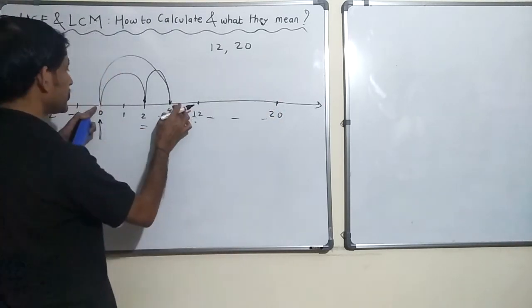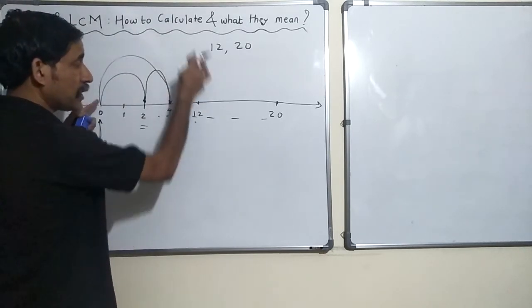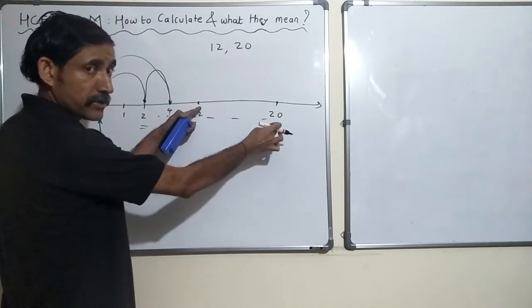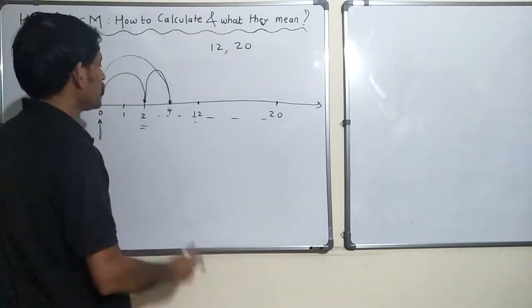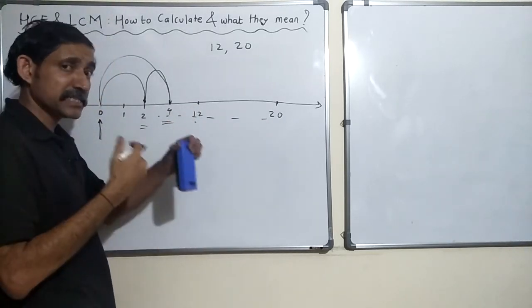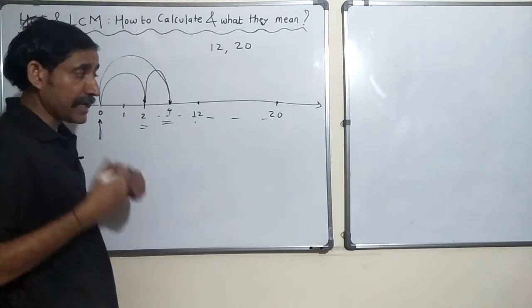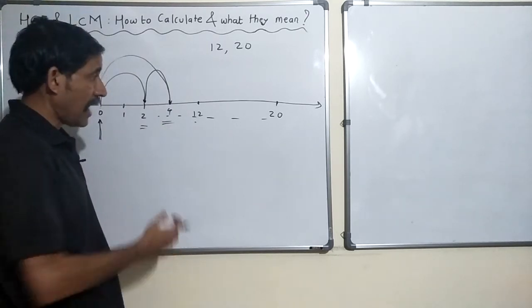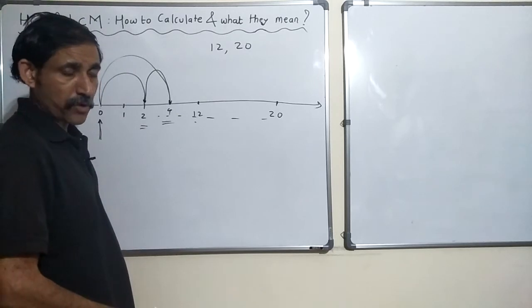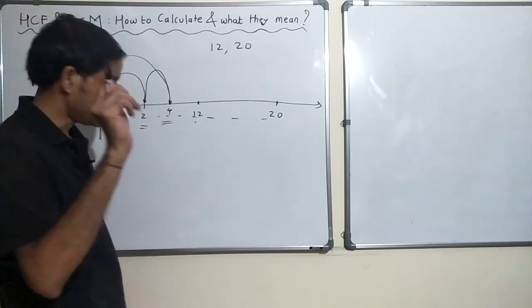If I take 6, I'll land on 12, but not on 20. So HCF, 4, is the highest number that I can jump each time and land on both of them, not missing any of them. That is the HCF.